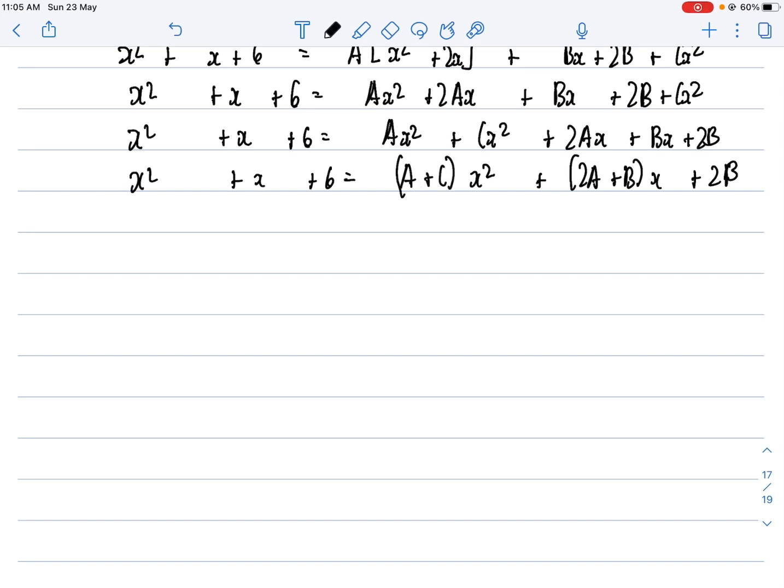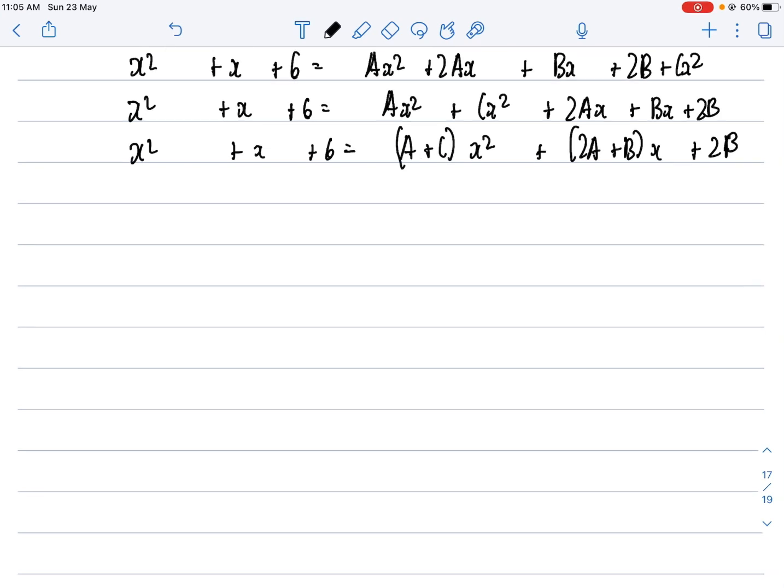Now I can compare the coefficient of x square here, which is 1, with the coefficient of x square here, which is a plus c. Similarly, the coefficient of x here is 1, which is equal to 2a plus b. And here my constant is 2b and my constant here is 6.